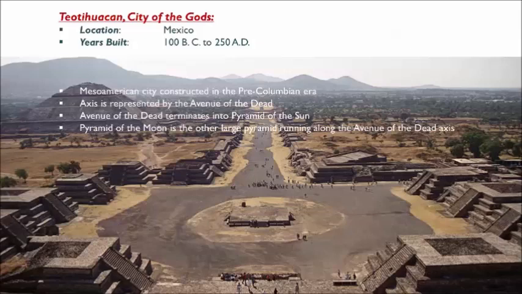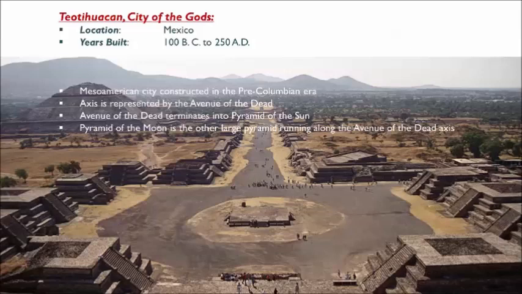There is not necessarily bilateral symmetry or symmetry running down the axis and then having a mirrored representation of the other pyramid on the other side. But because of the great size and scale of these pyramids, they definitely held importance within the cityscape.